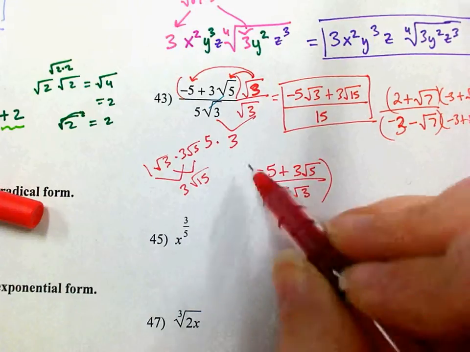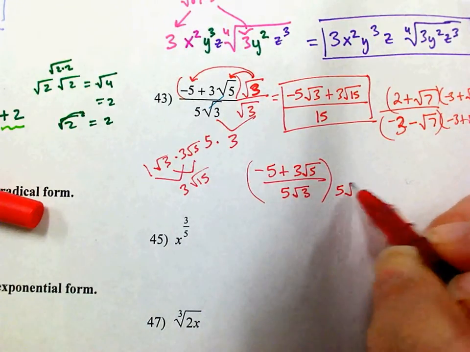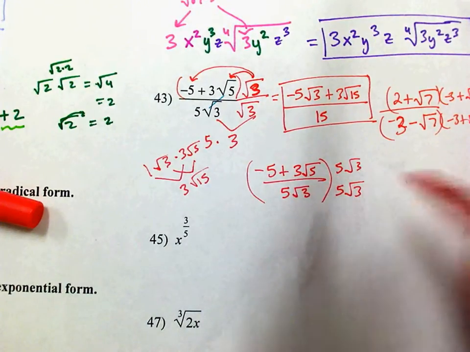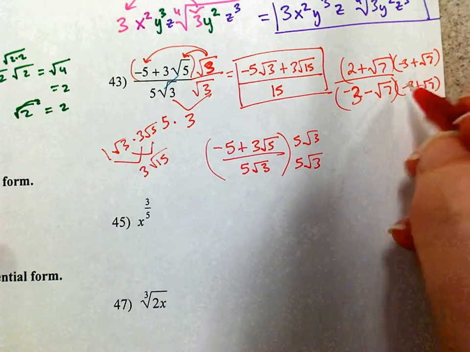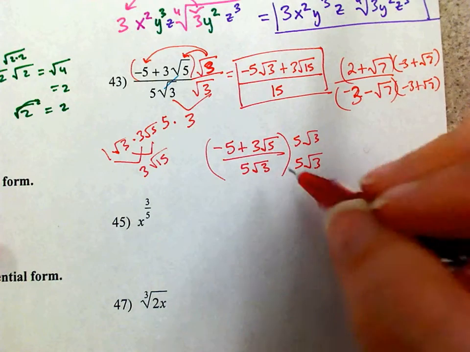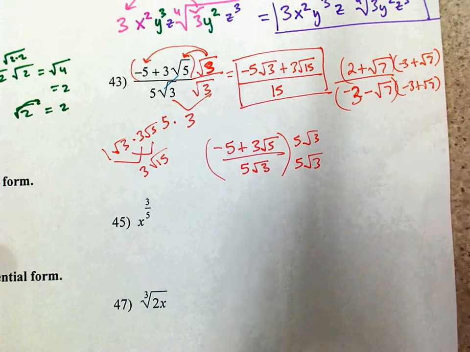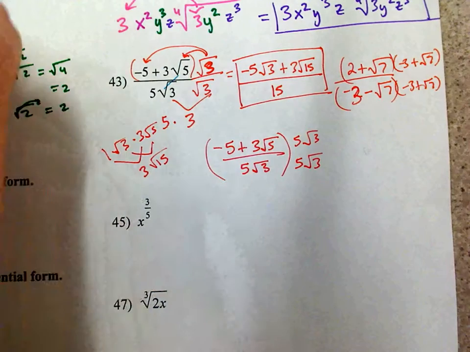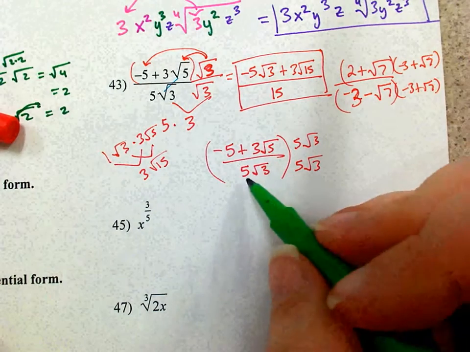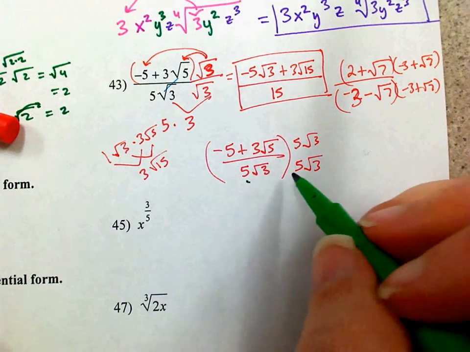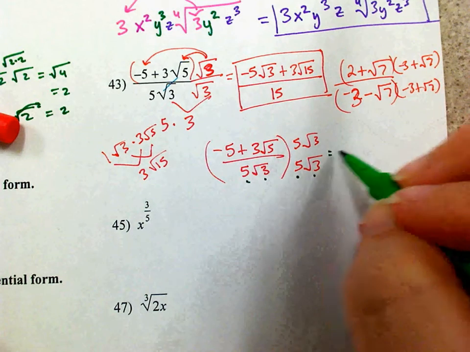So if you multiply the top and bottom by 5 square roots of 3, or even negative 5 square roots of 3, if you were thinking like conjugate, the opposite. If you do the negative, you're going to have to float the negative to the top anyway and get rid of it. So what you can just do is do this. You get 5 times 5, which is 25, times 3, which is 75.